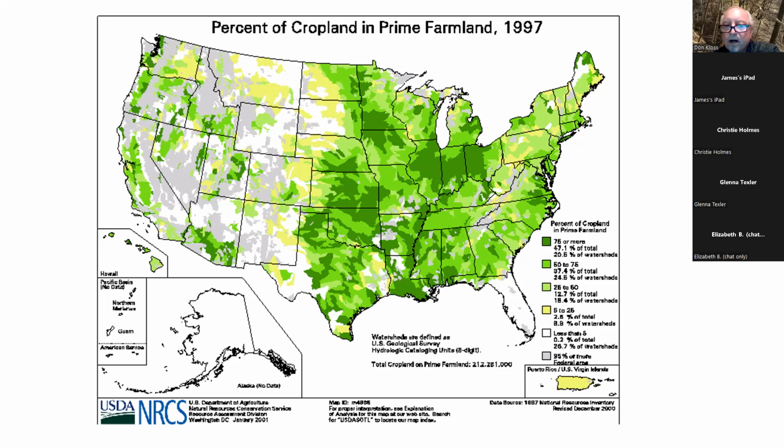So still pretty much all of the state, except for the very bottom southeast, was, and again, this is a generalization. It doesn't take into account cities. Still very heavily farmed. And again, the heaviest of it in the West.